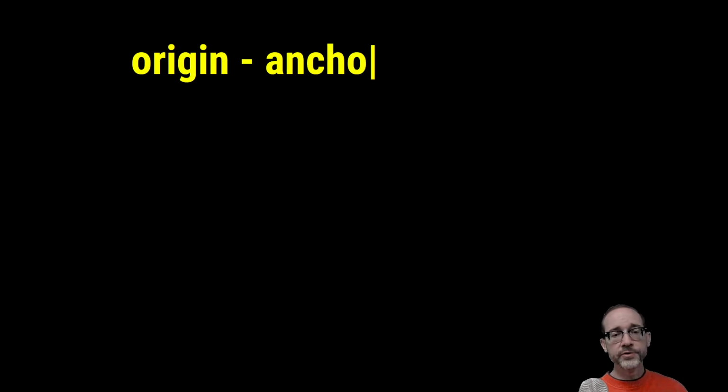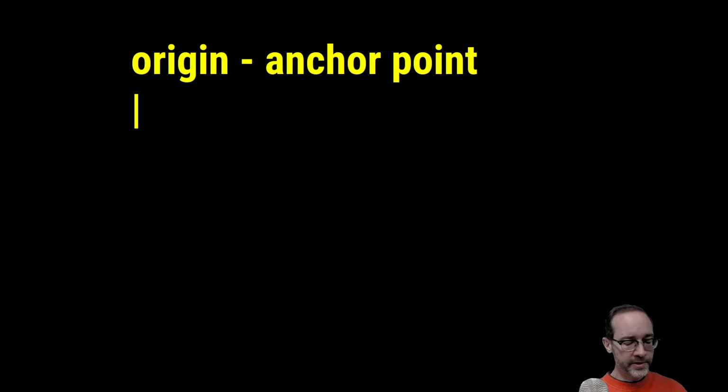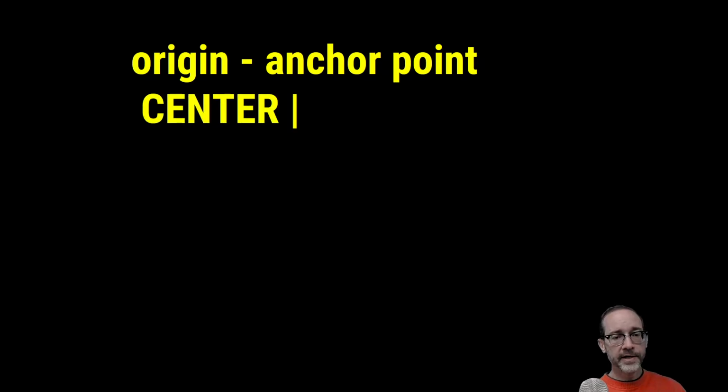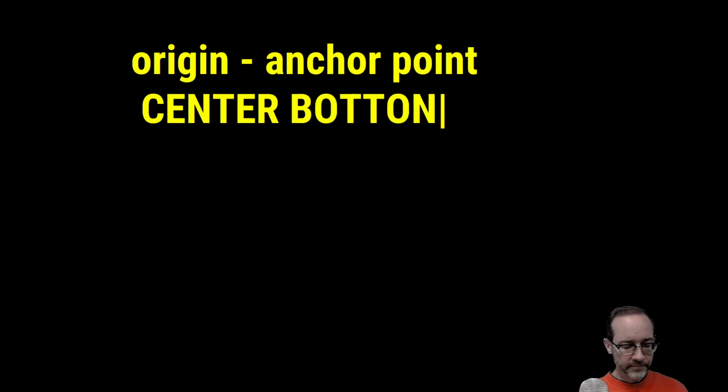For the most part, the origin is going to be the Blender word, but I'll go back and forth between origin or anchor point. For the most part, the center bottom makes the most sense. That makes it possible, when you zero out the object, for it to sit on the ground.